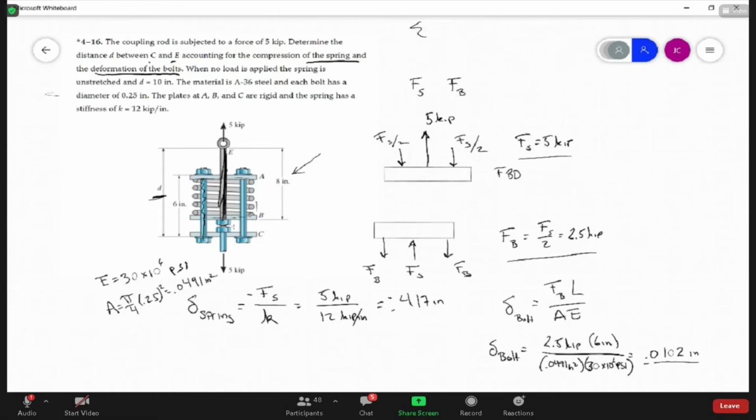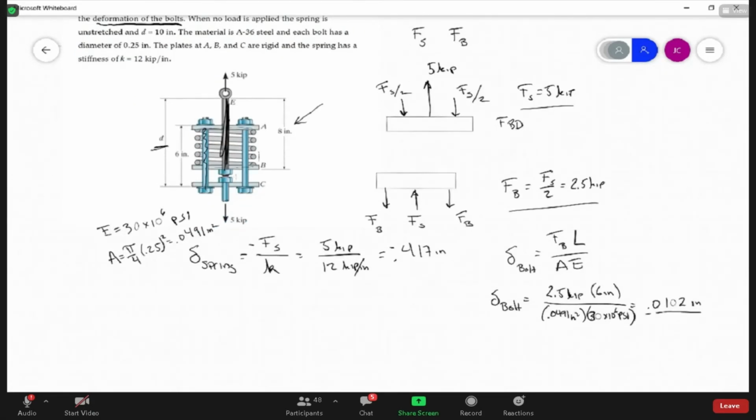So the spring compresses by negative 0.417. The change in length of D is going to equal minus the delta of the spring, because there has to be a sign change: when the spring elongation is negative, D increases. Now let's do the same thought experiment for the bolt.